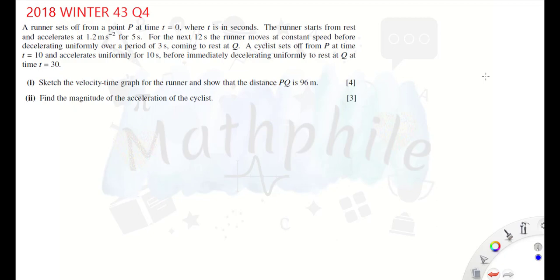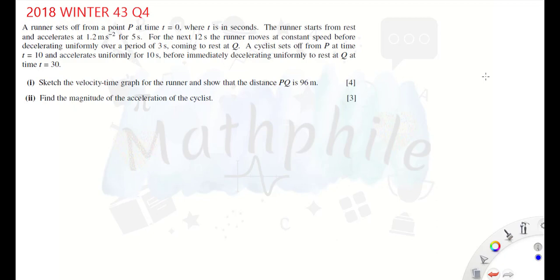For the next 12 seconds, the runner moves at a constant speed before decelerating uniformly over a period of 3 seconds, coming to rest at Q. A cyclist sets off from P at time t equal to 10 and accelerates uniformly for 10 seconds before immediately decelerating uniformly to rest at Q at time t equal to 30 seconds.